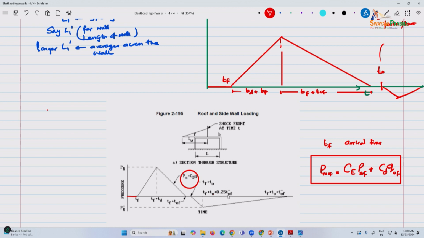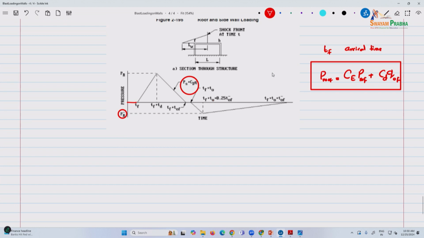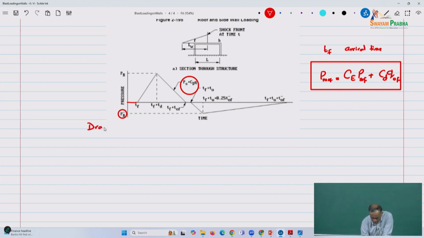TF plus T naught plus 0.25, and then this is the negative phase, and then here you have PR minus. The drag coefficient is a little more involved for petrochemical facilities.